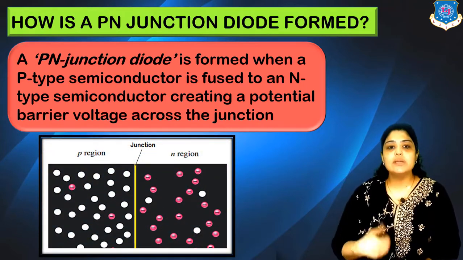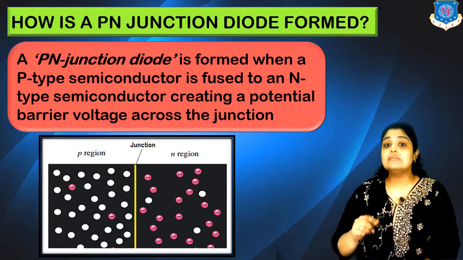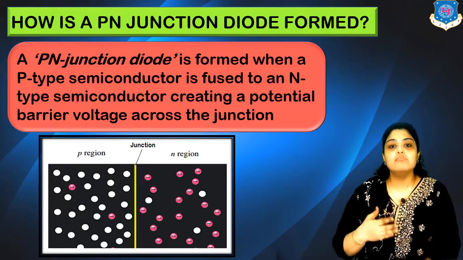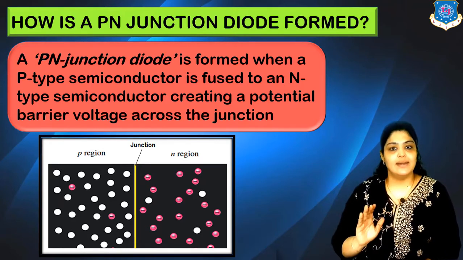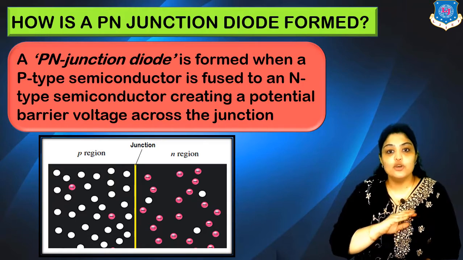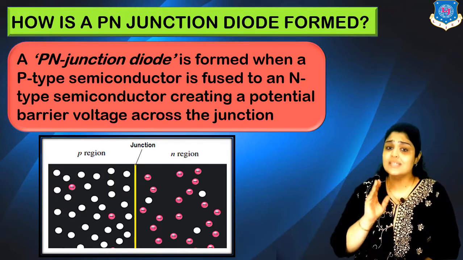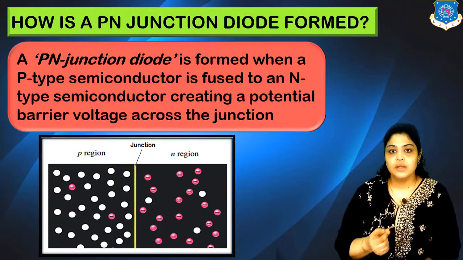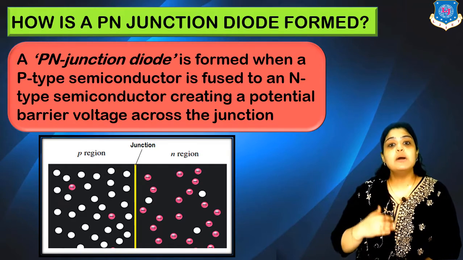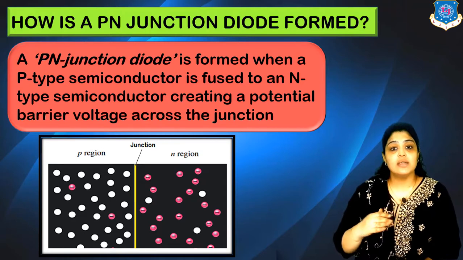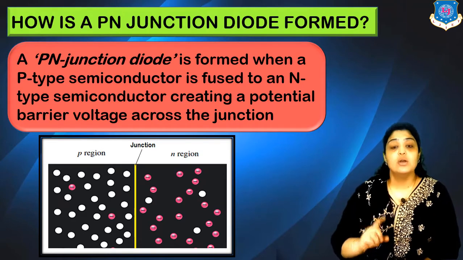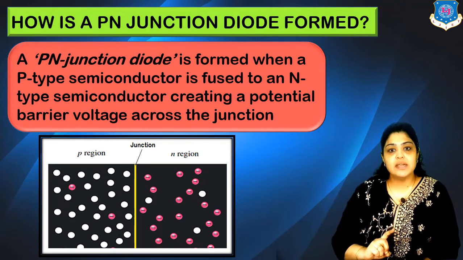In this diagram you can see the P region. You can see that the P region has more number of holes which are indicated by white circles. No p-type semiconductor is ideal. I cannot say that electrons are not present in p-type. Electrons are there, but they are minority. Similarly, if you talk about an n-type semiconductor, they have electrons as majority. That doesn't mean holes are not there. Holes are present in n-type semiconductors in the form of minority charge carriers.